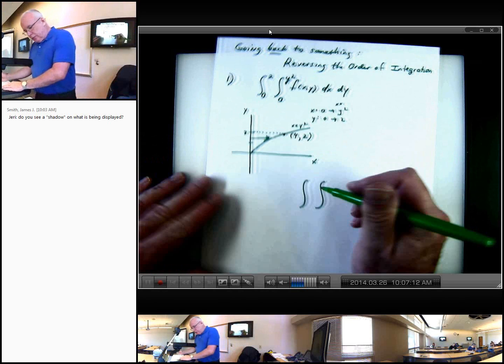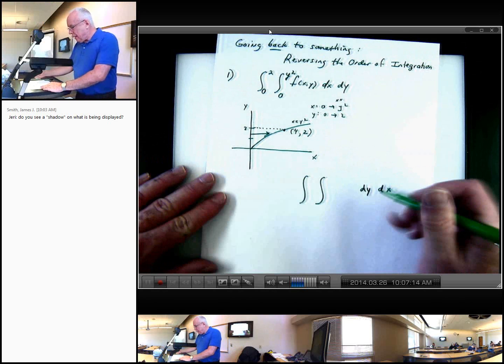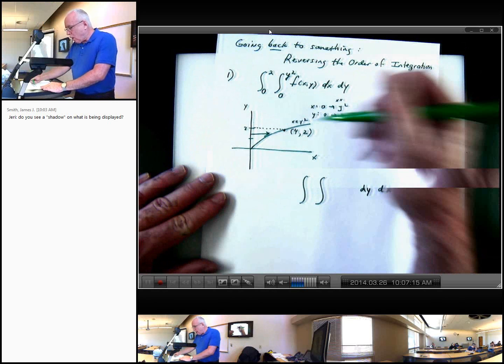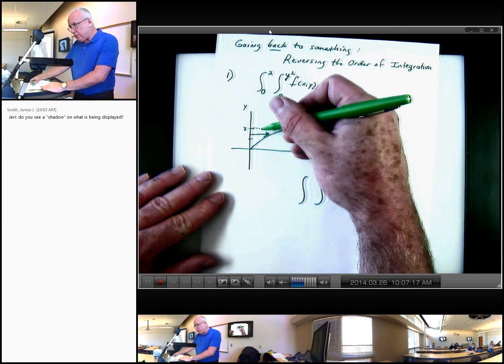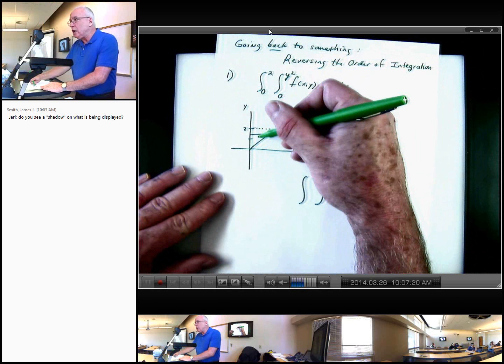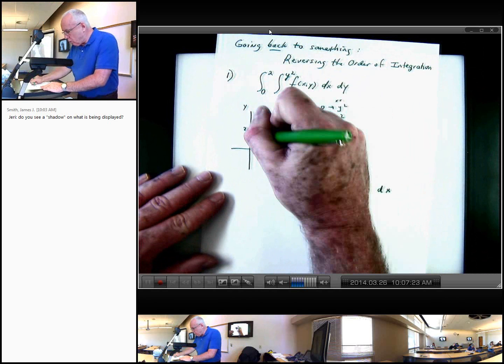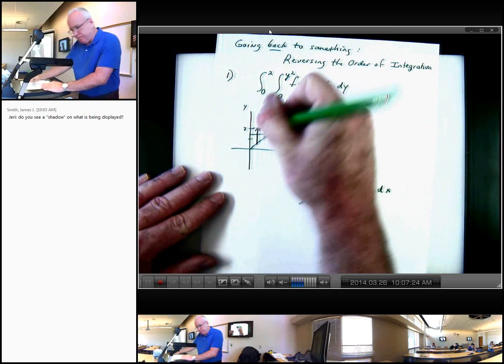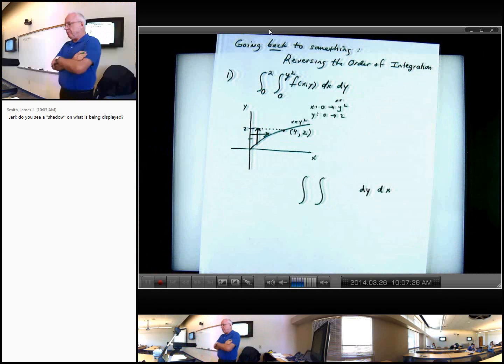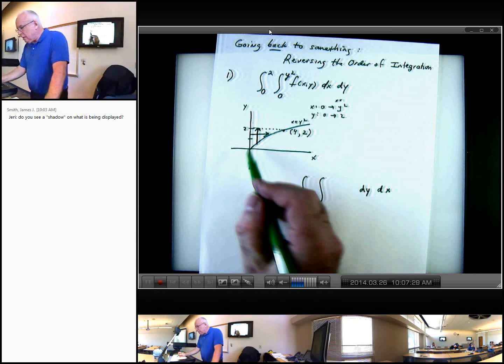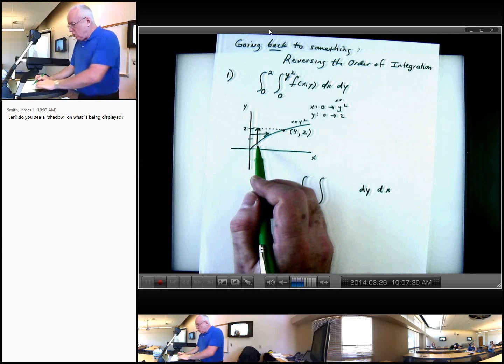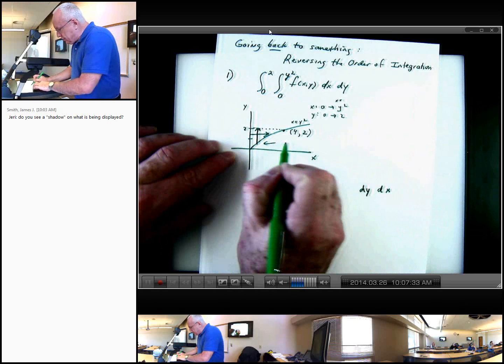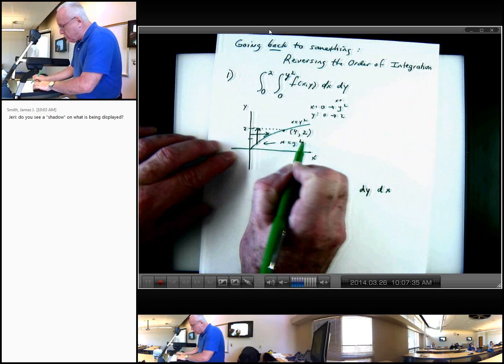If we're first integrating with respect to y, that means we go from y equals something to y equals something. We're going to have a vertical arrow now. What's our lower limit for y? This curved line is x equals y squared.